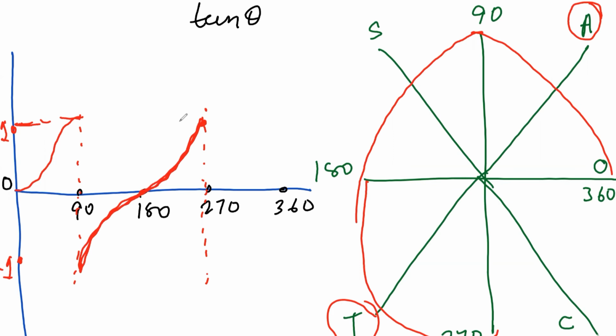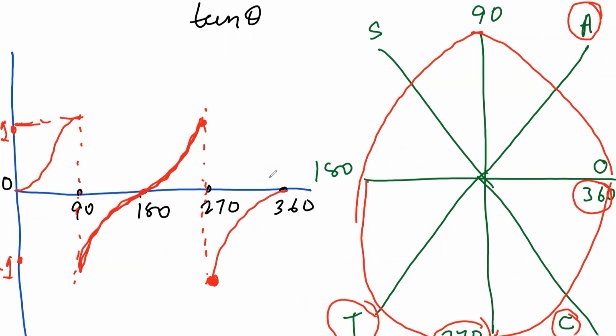And then 270 to 360, it is negative. Here only cos will be positive. So it will be like this. From 270 we started because from 270 to 360 it is negative. And I will be just drawing this curve like this.